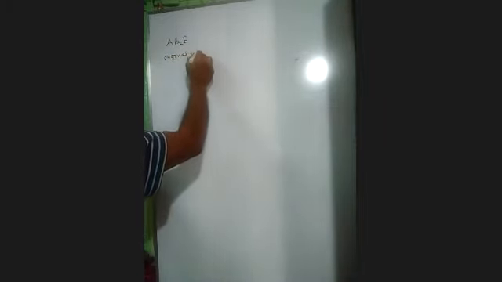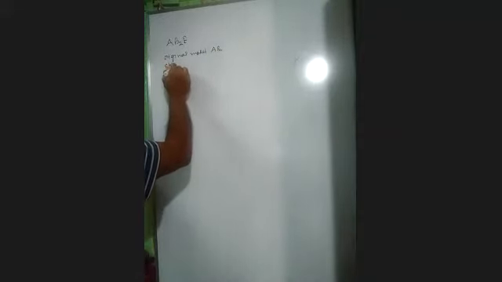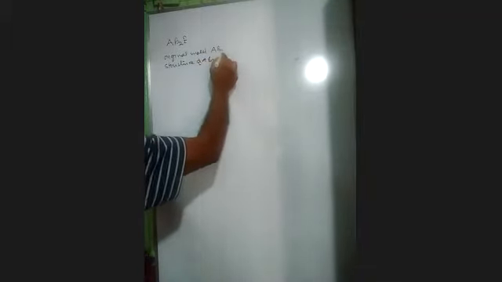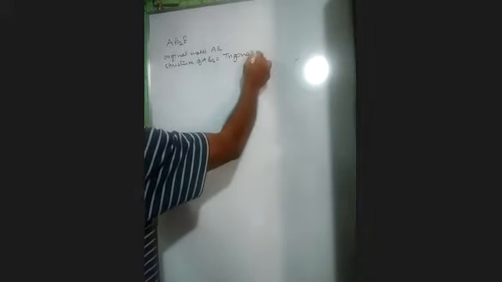So I told you, the moment you get AB2E, you think that our original model that you have learned was AB3. And how was the structure of AB3? The structure of AB3 was trigonal planar.